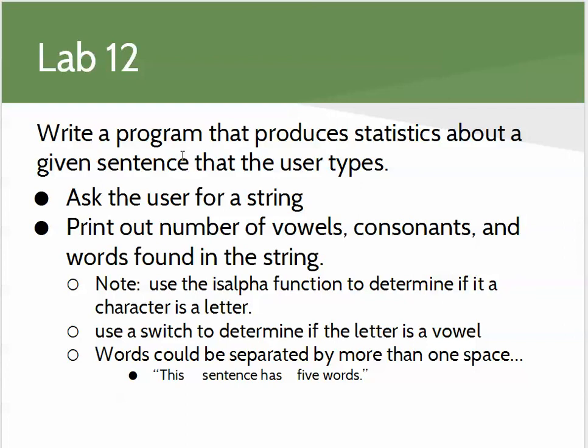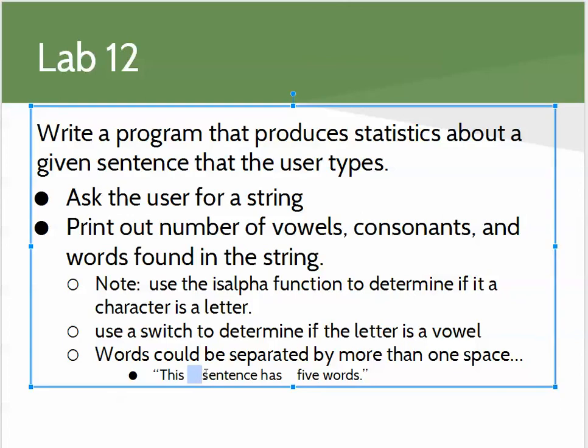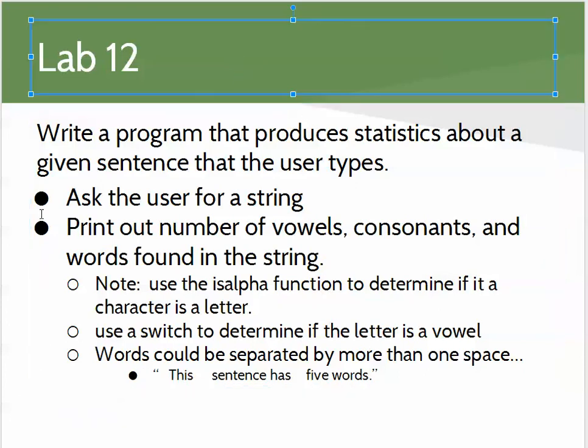I'd probably start out writing my code such that it assumes there's only one space between words, but eventually you should change your code such that it'll work with a sentence like this that has multiple spaces between some of the words, potentially even some spaces before the first word. You should be able to capture all of those different use cases.